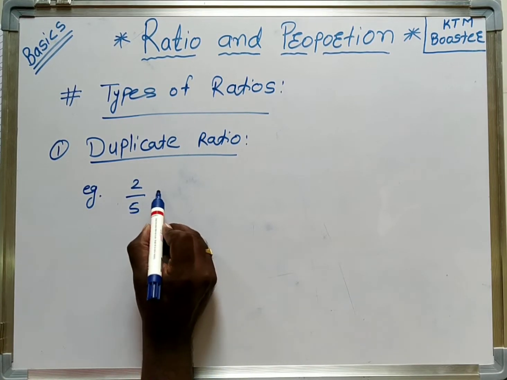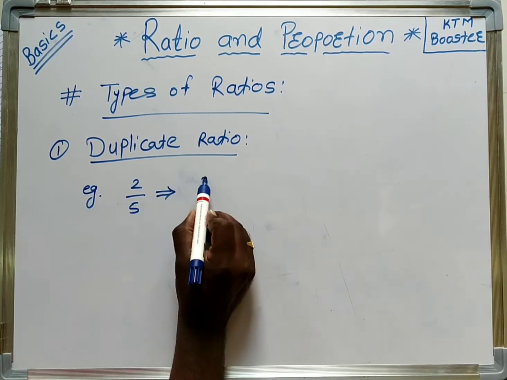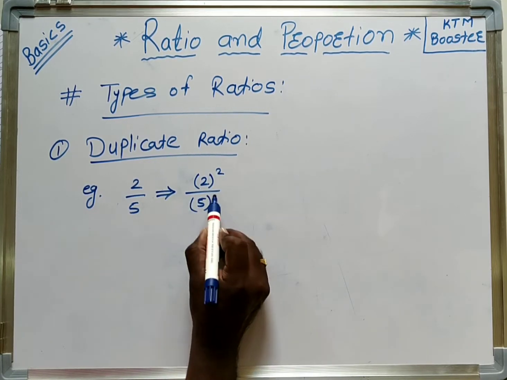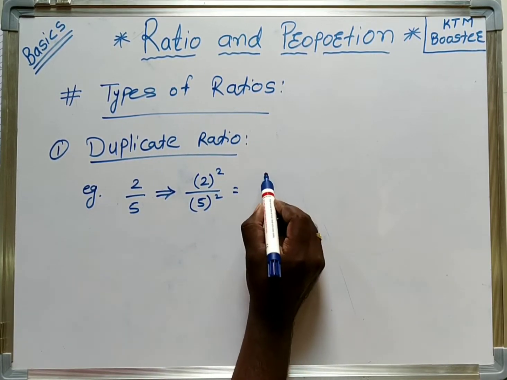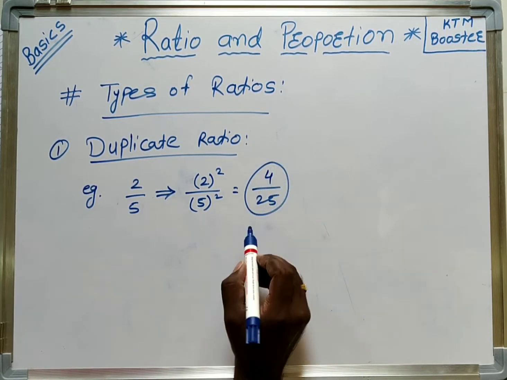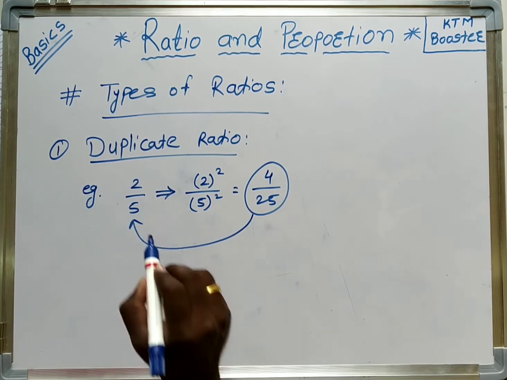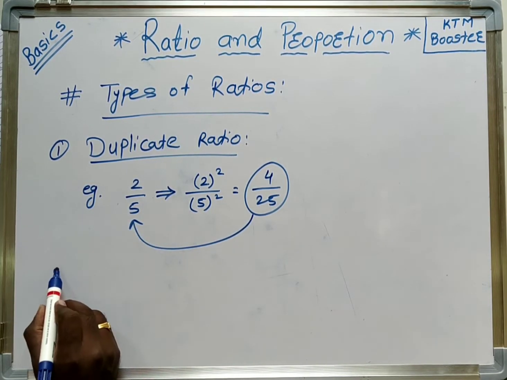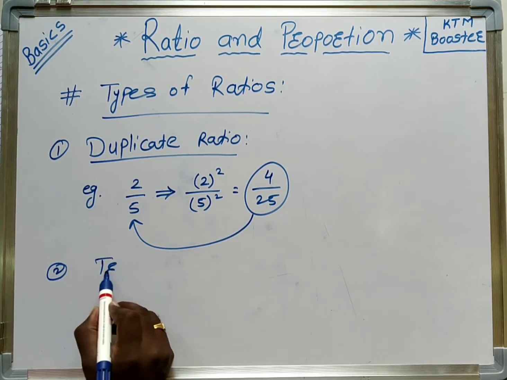If we square the two terms, 2 and 5, then we get 4/25. This ratio is known as the duplicate ratio of 2/5.